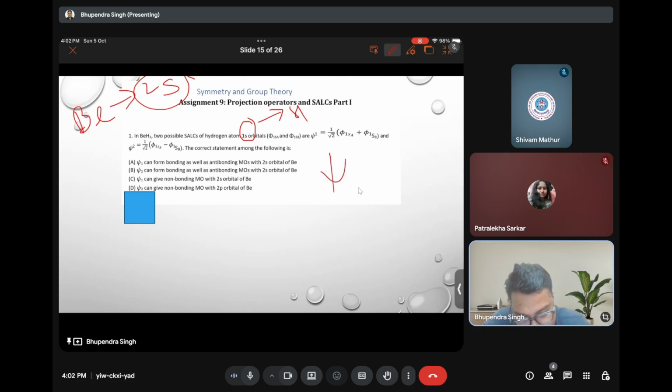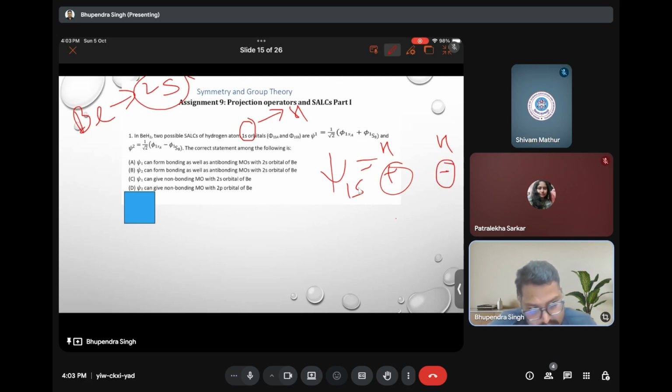So it's like sigma 1s equal to plus, and this one is going to be minus.